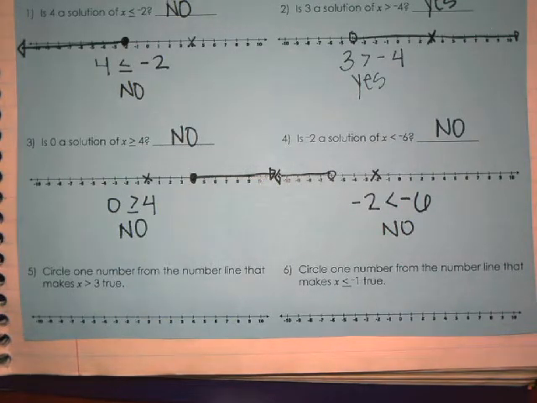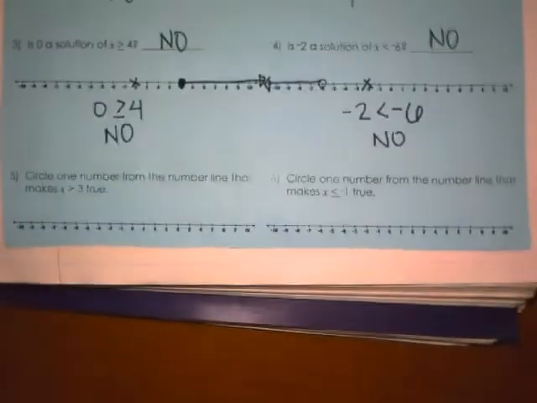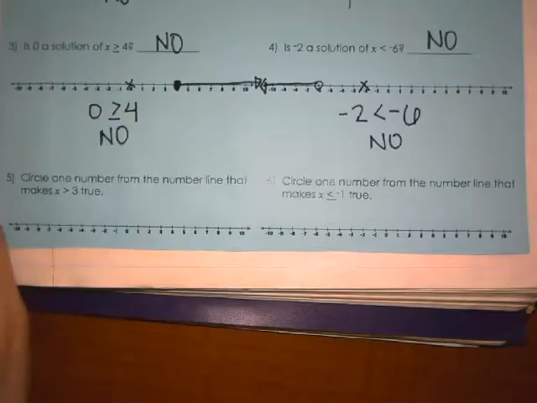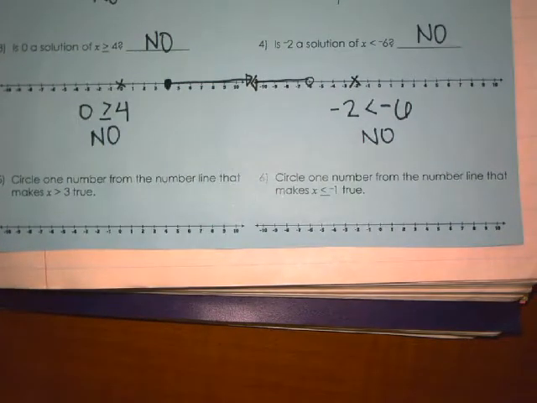Questions so far, guys? Okay, last 2 for this page of our notebook. It says circle one number from the number line that makes X is greater than 3 true. So first things first, everyone graph X is greater than 3 for me.